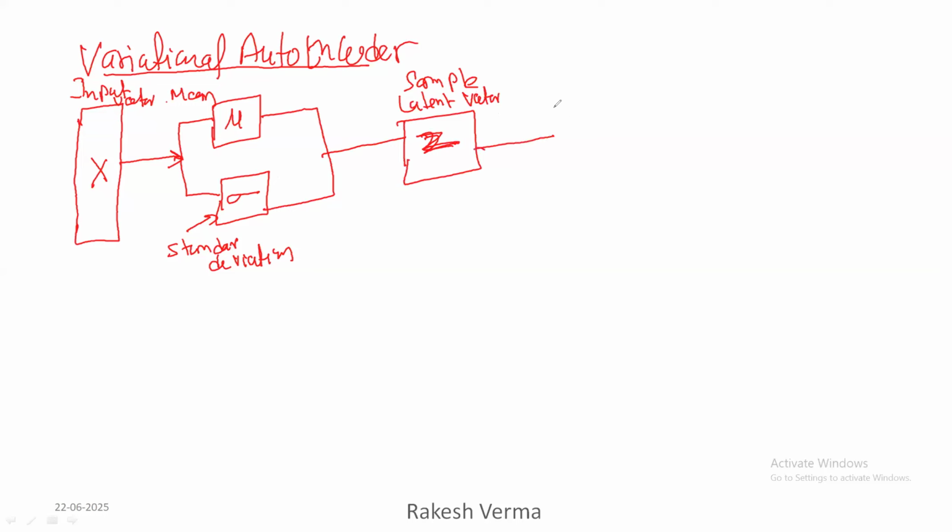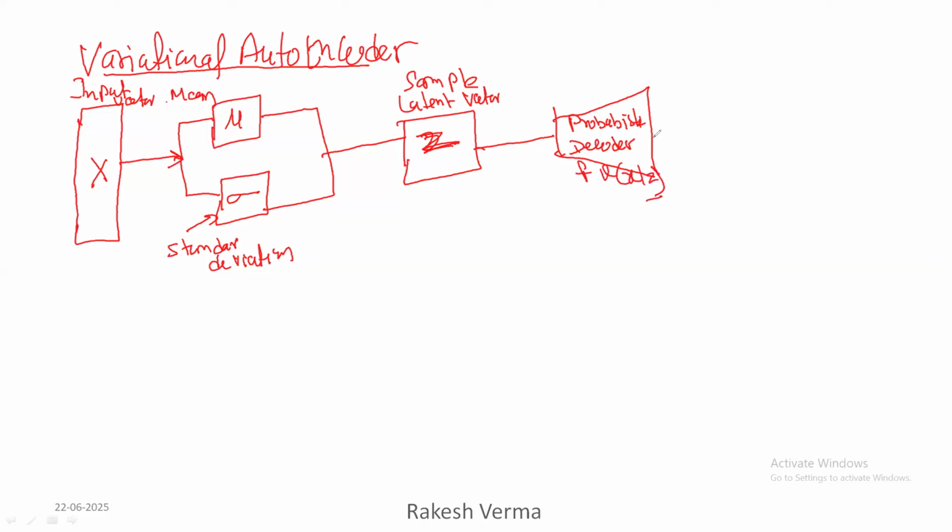And when we give this compressed dimension to the decoder, it performs probabilistic decoding, which is a conditional probability. It computes the function of theta with respect to x given z.